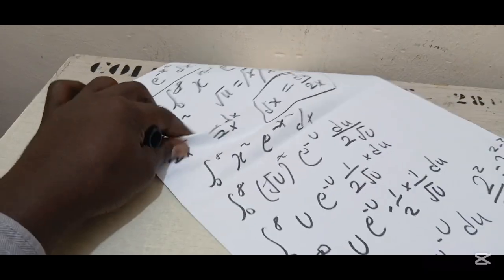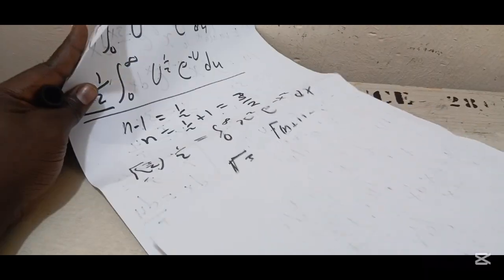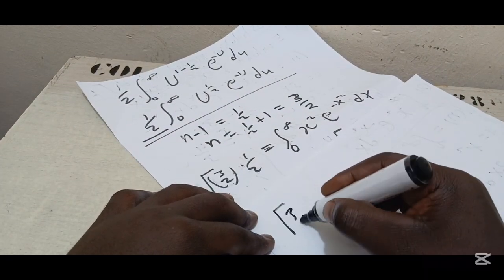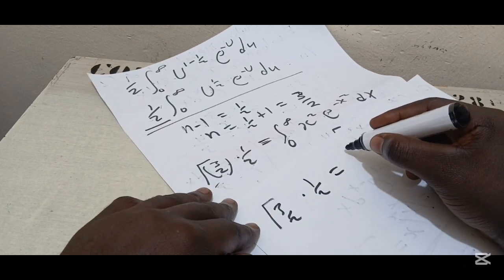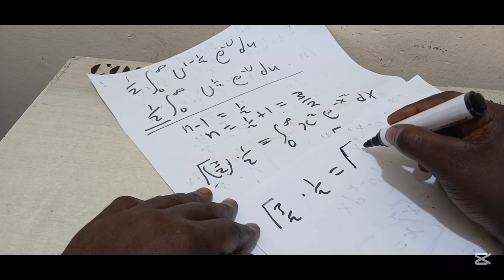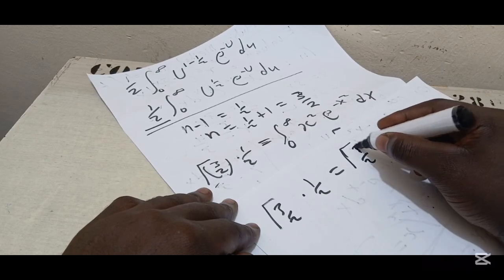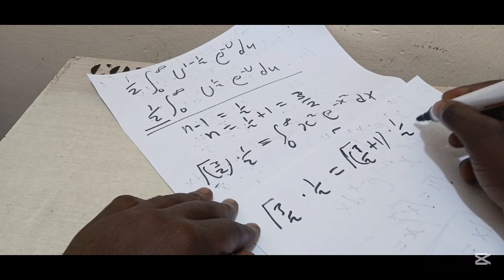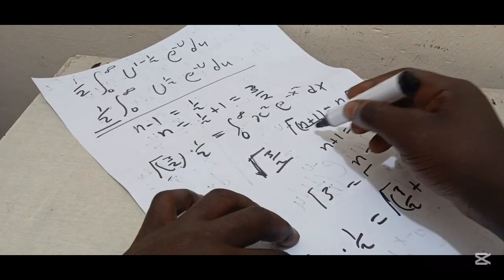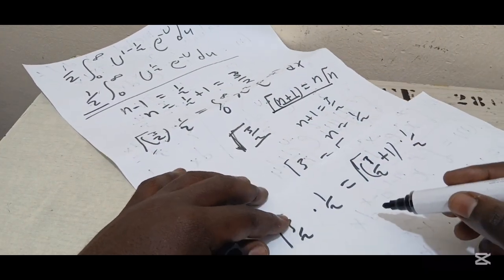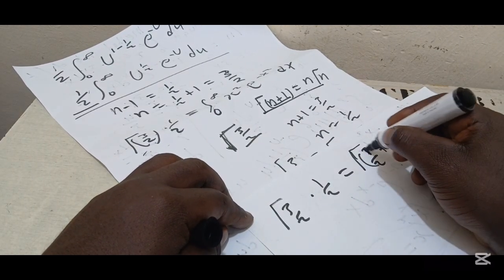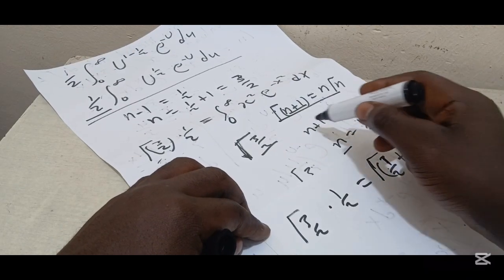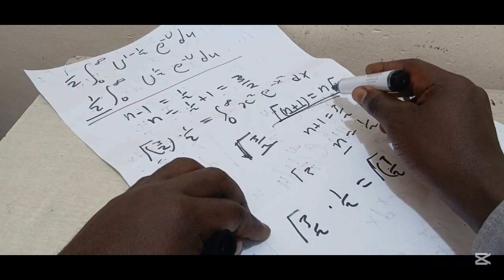So our gamma 3 on 2 multiplying half is the same as gamma half plus 1 multiplying half. And looking at this, we can compare it to the formula here. We have our n to be half. Comparing this to the formula, we have gamma n plus 1 equal n gamma n.